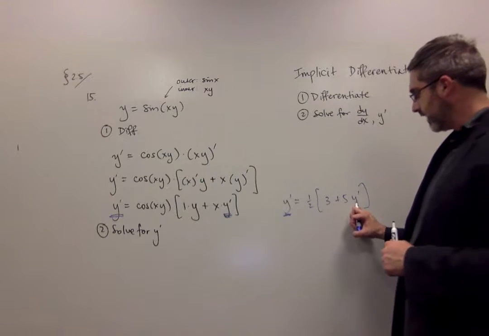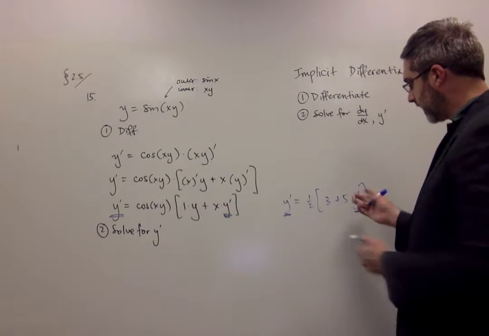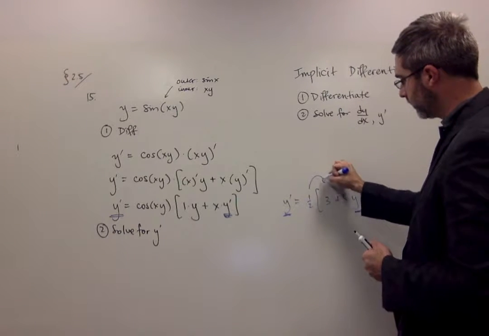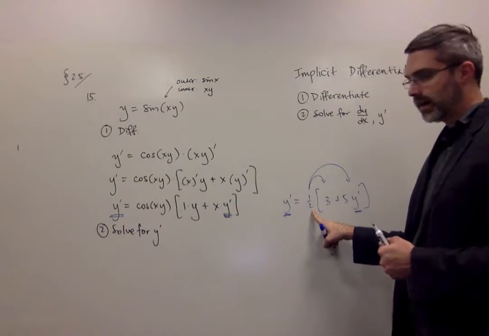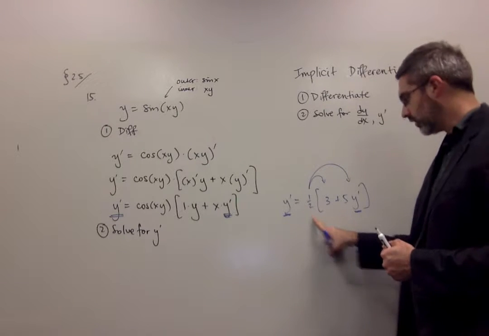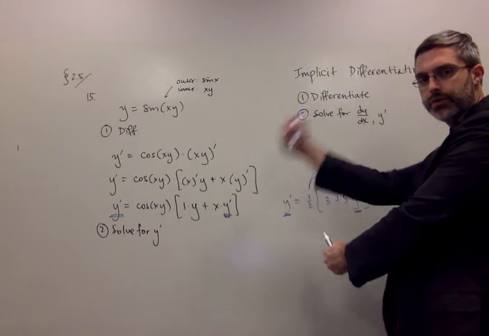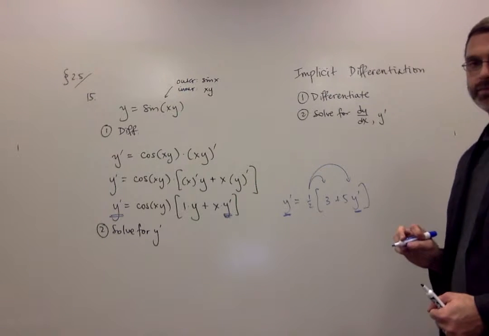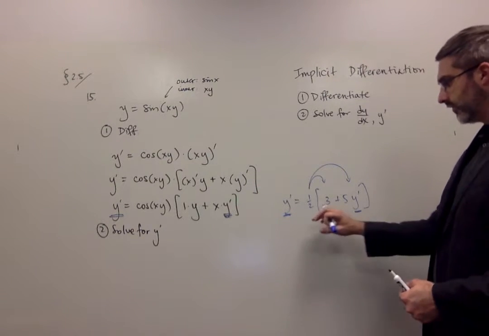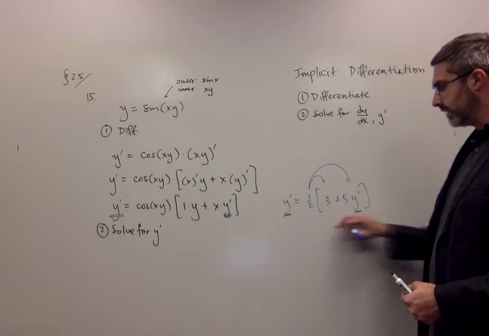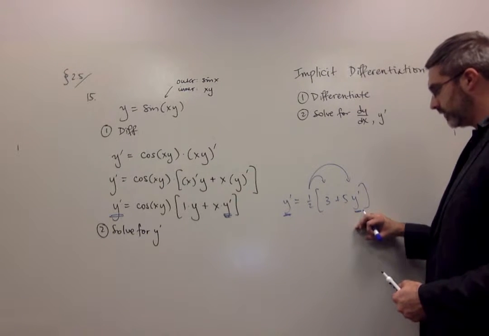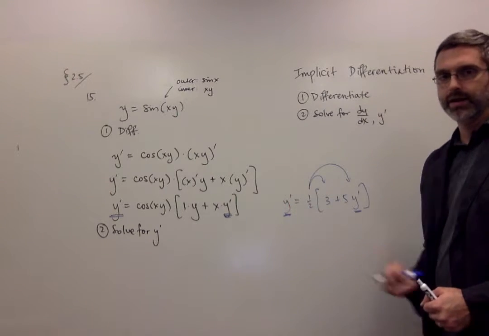In order to get all of the y primes on one side, I have to first multiply whatever number this is here onto both of these terms so I can separate them and put one of them on the other side. Right? The first thing I have to do is multiply this out in order to be able to pull that y prime term onto the other side.